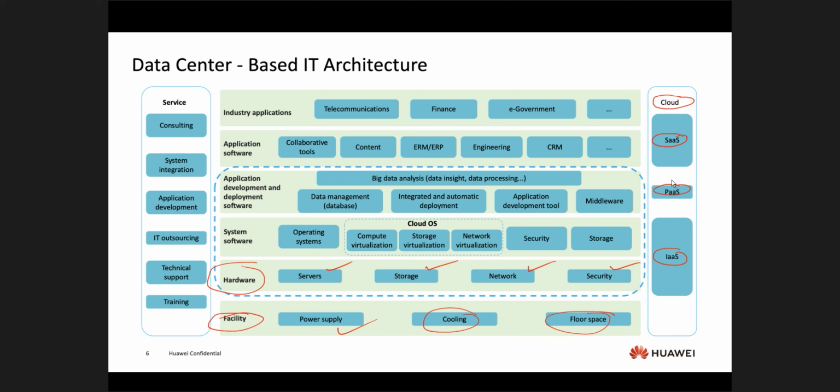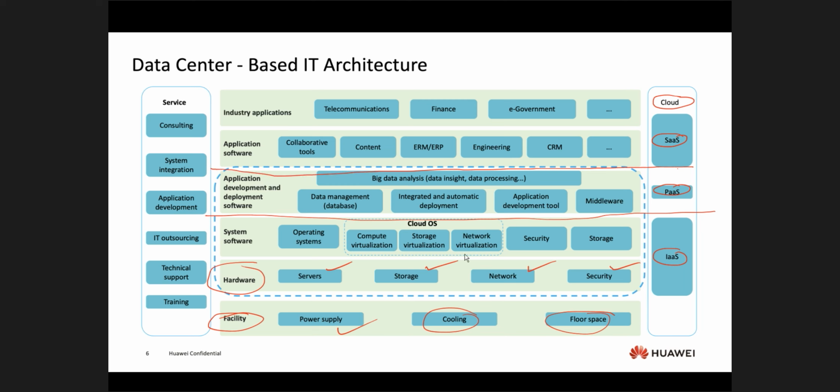If you look at this vertically or horizontally, depending on how you see it, infrastructure as a service has a line going through here, platform would be somewhere here, and SaaS would be on top of that.